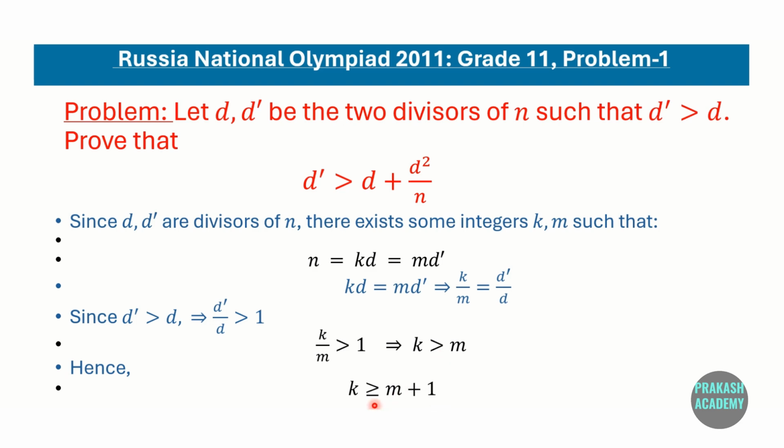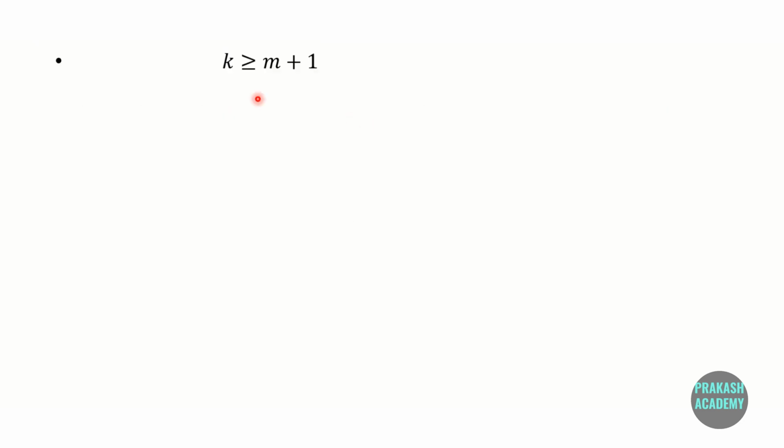I have made an equality sign because k will minimum be greater by 1 unit, in which case these two will be equal. Otherwise, if it is some other number, then the greater than sign will hold. That is, k is greater than or equal to m plus 1.